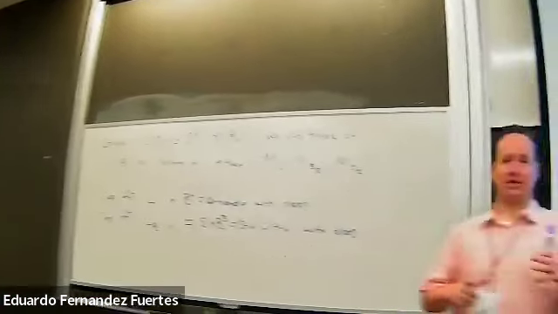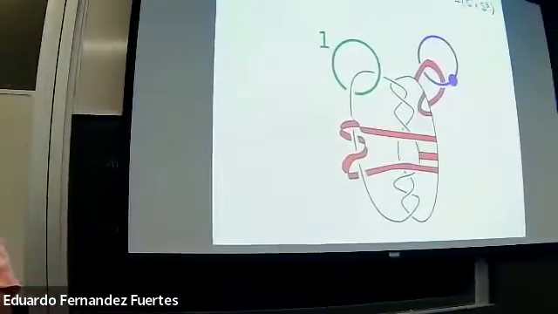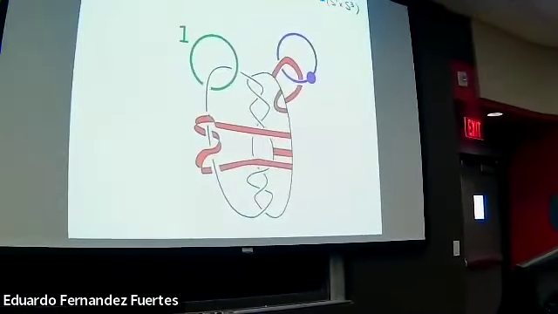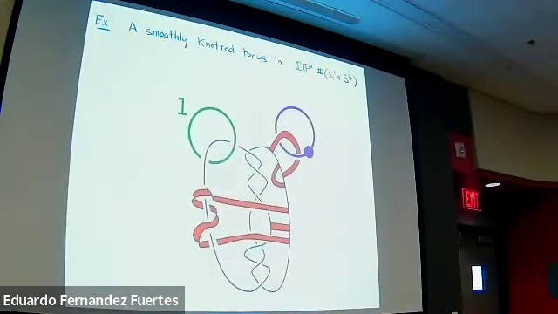What we really want to avoid is not the attaching regions, but the actual links themselves. The band is going up and over the dotted one handle circle, and that's okay that it's passing through that attaching region. But a link component couldn't do that. So bands can do that, but link components can't.